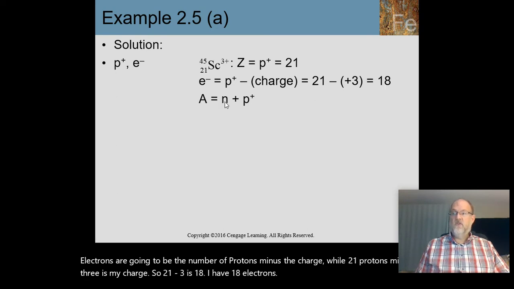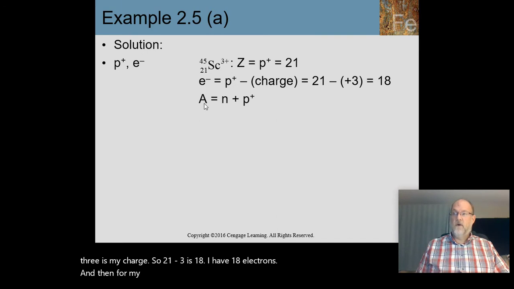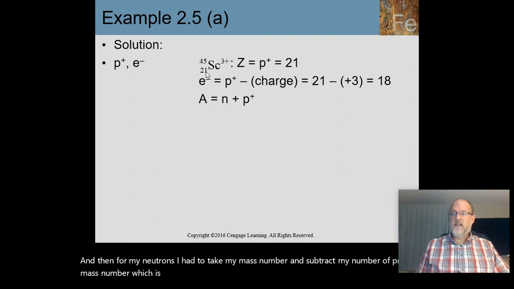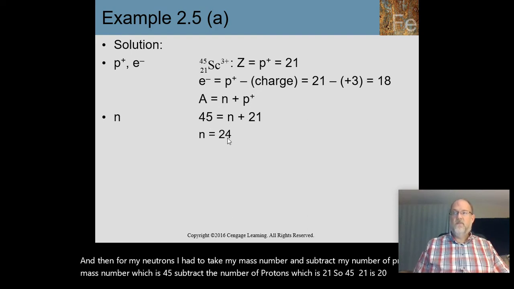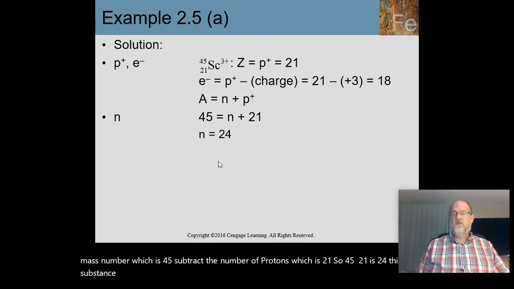And for my neutrons, I take my mass number, which is 45, and subtract the number of protons, which is 21. So 45 minus 21 is 24. This scandium +3 isotope has 21 protons, 18 electrons, and 24 neutrons.